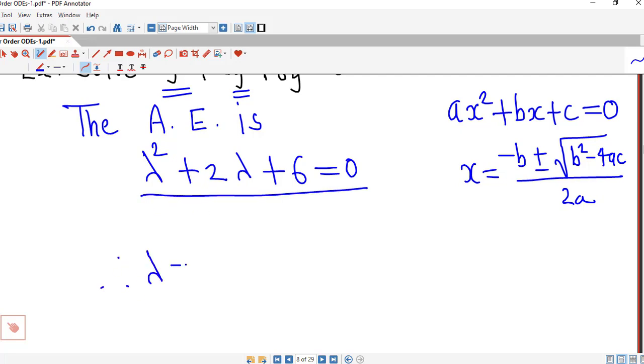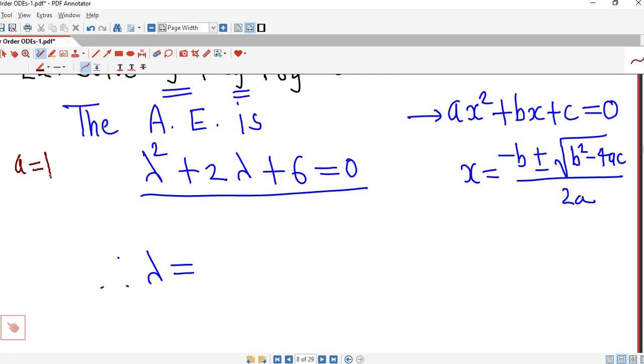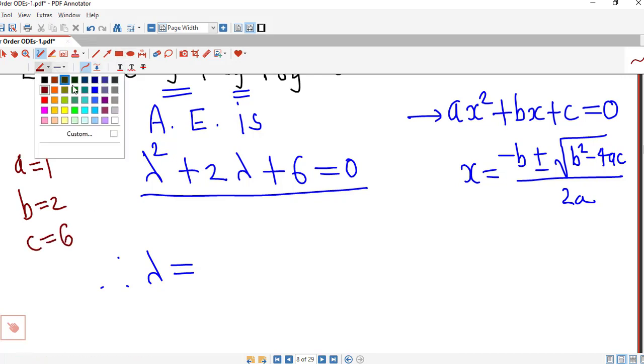If we compare with this equation, the constants are a equal to 1, b equal to 2 and c equal to 6, and the variable is lambda.